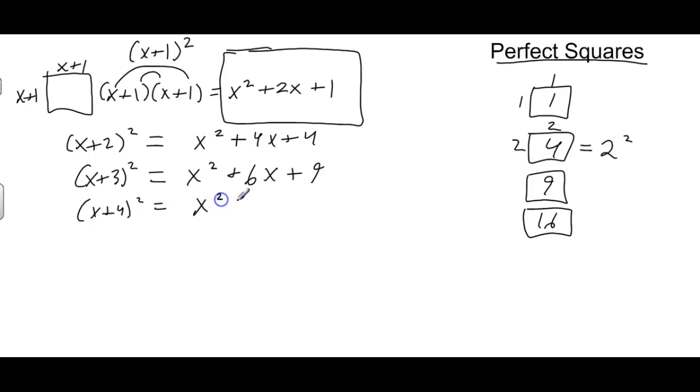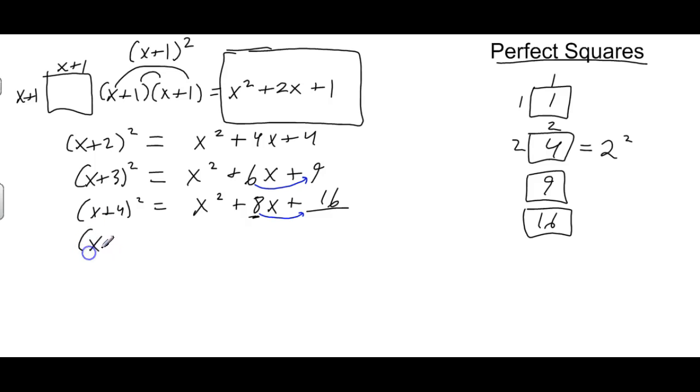In fact, oftentimes my students can tell me, if I say x squared plus 8x and I say it's a perfect square, they can tell me what goes there. And maybe some of you see that pattern. If you take half of 6 and square it, you get 9. Half of 8 squared is 16. And if you see that pattern, that's what we're doing. We're taking half of the coefficient of the middle term, squaring it to get that last term. That's called completing the square. That's where this method derives from.